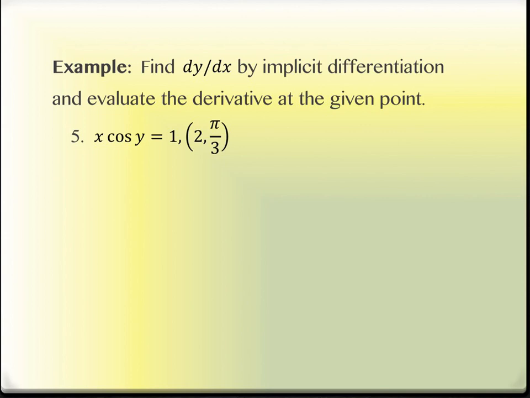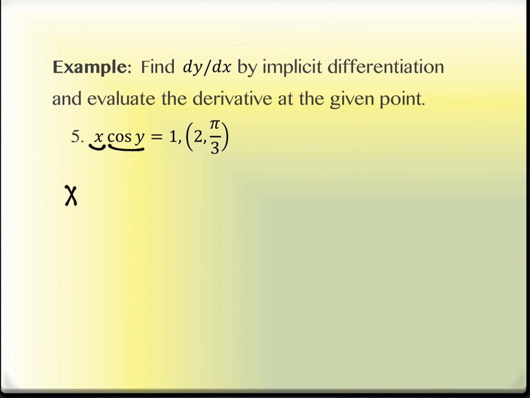What properties do you notice that we're going to need to use on the left-hand side, x cosine y? Product rule, right? And then we've got the y inside of the cosine, so there's going to be that embedded chain rule going on because the dy dx is happening. So we've got a product rule though to start with. So we're going to write the first piece.